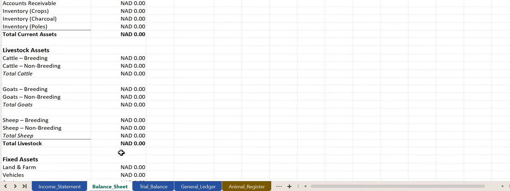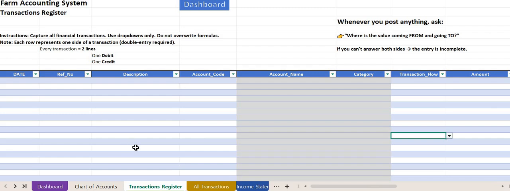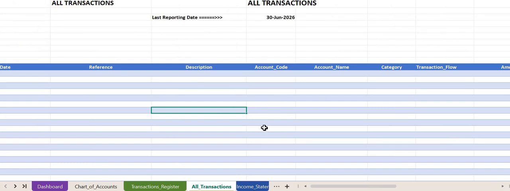So just to recap the flow. First of all, you record transactions in the transactions register. Then this flows into the all transactions register.